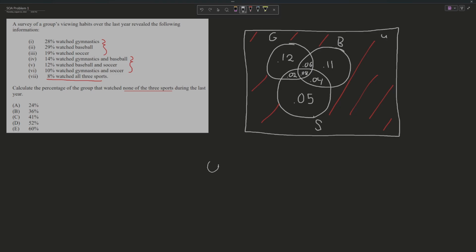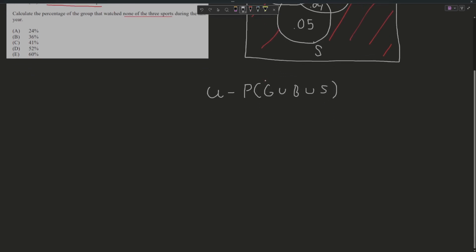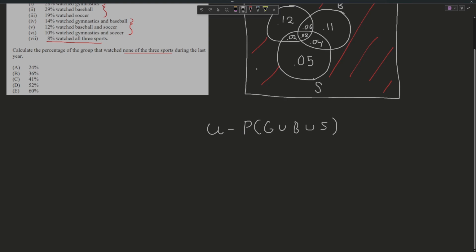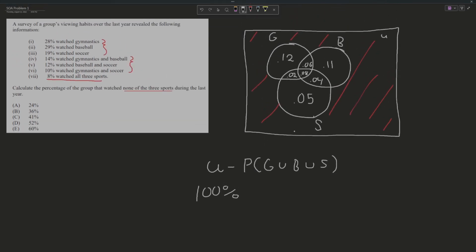So that is our universe minus the probability of G union B union S. Now, it can't be something that is greater than 100%. Our universe is just 100%. We add up all of these values here.